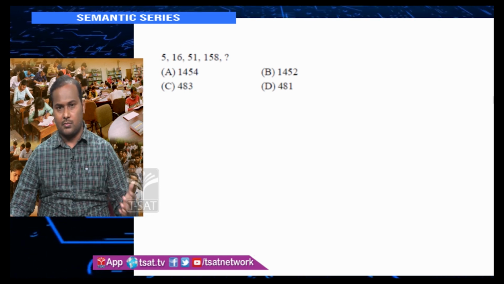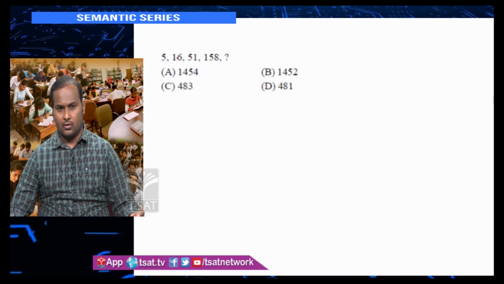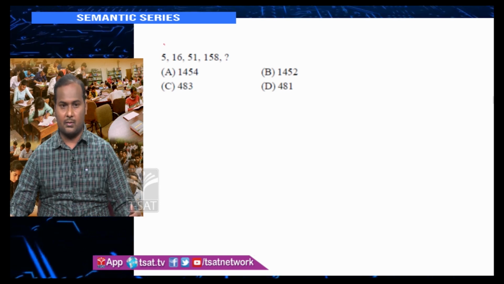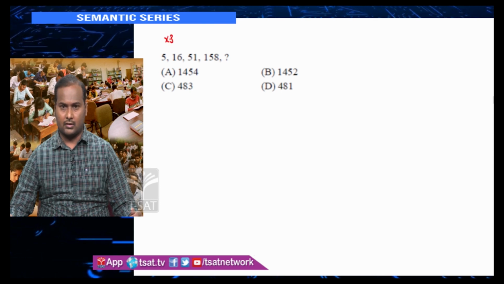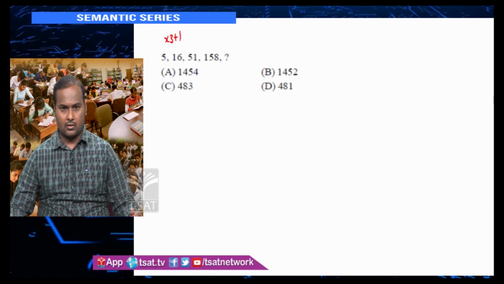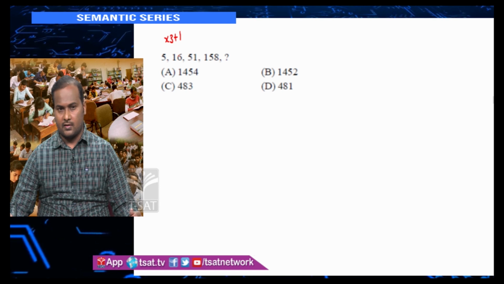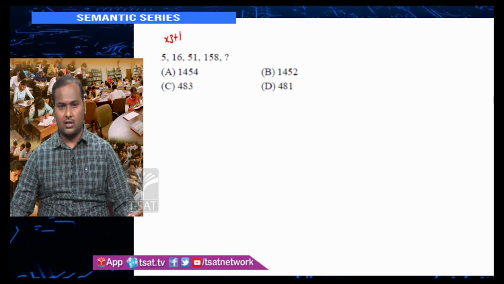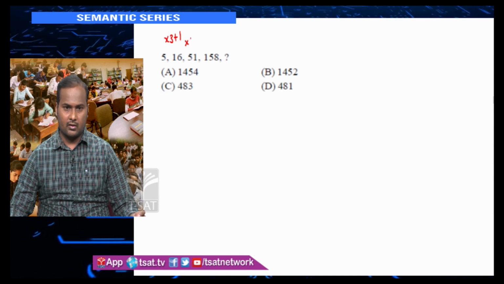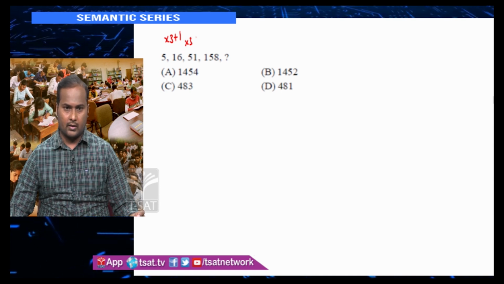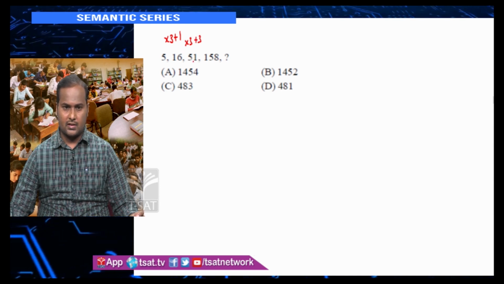How many times is it jumping? For example, from 5 to 16, it is 3 times. So obviously I will write 5 multiplied by 3, 15 plus 1, that is 16. In the same way, 16 to 51, here also it is increasing by 3 times, that is 16 into 3, 48, again plus 3, that is 51.